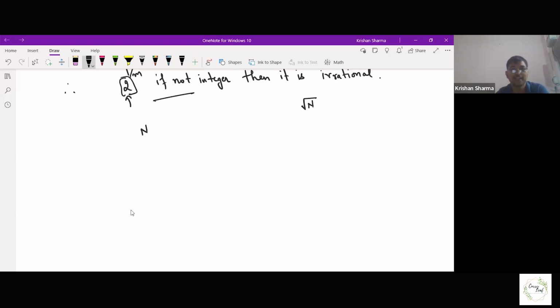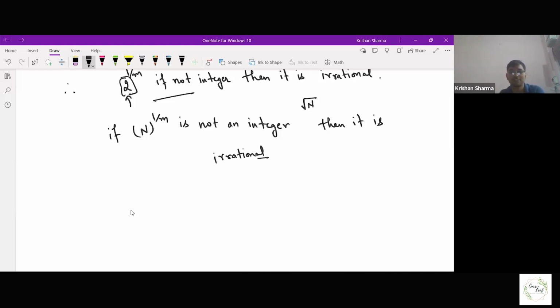So what we will get is that n raised to power 1 by m, if it is not an integer, then it is irrational. Okay, so that's a nice generalization till now. But we have one more thing that we can do here, and that's what I like the most about this part. Aridas, do you have any question?